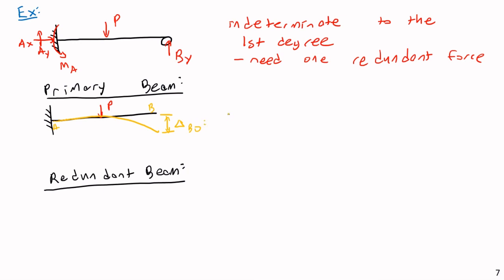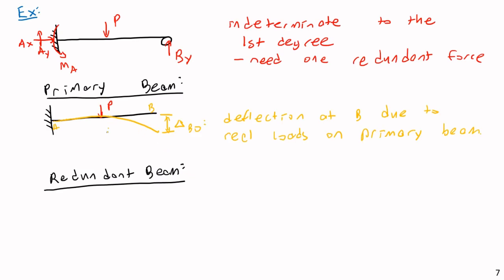Delta BO is the deflection at B due to real loads on the primary beam. And because this is a statically determinate system, it would be very easy to find that delta BO.